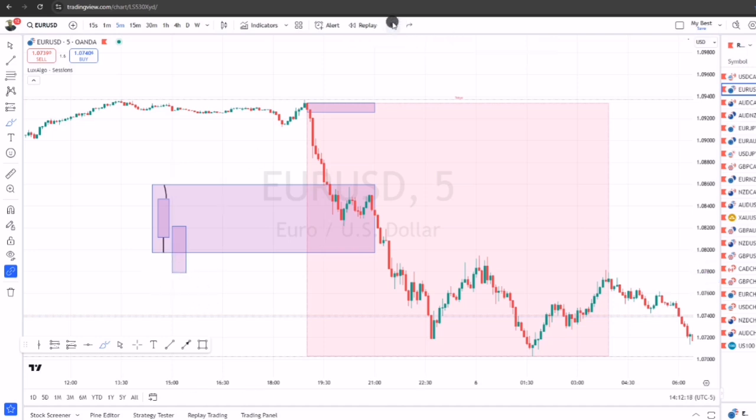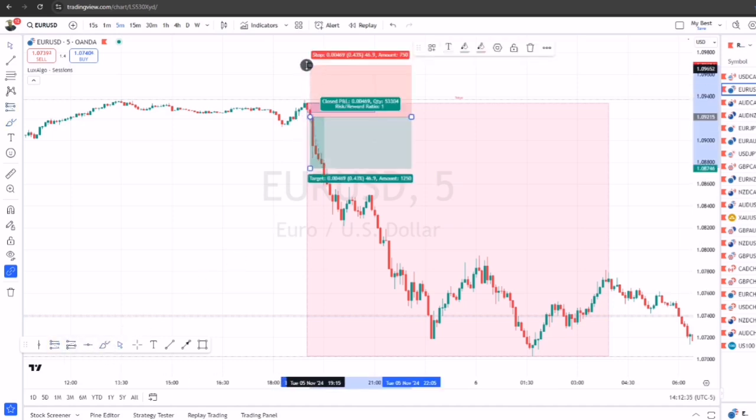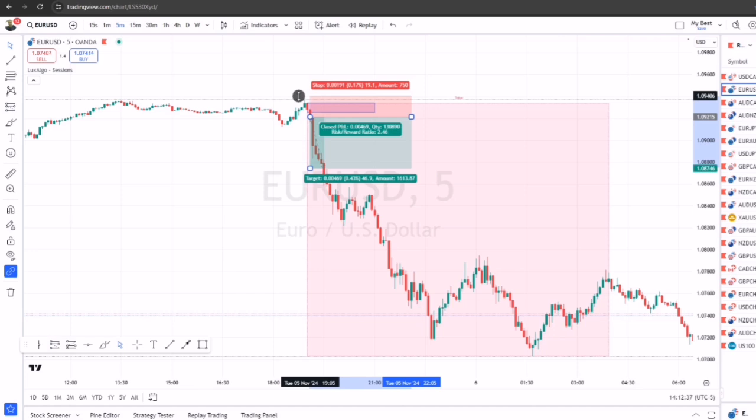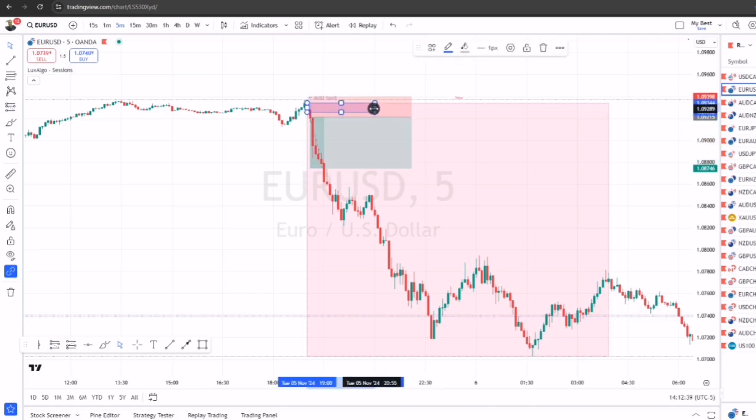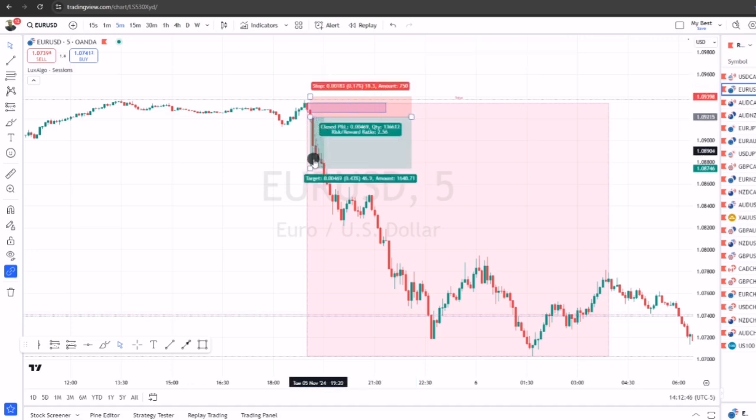Let's take a few examples so that you can see what I'm talking about. So right here clearly you can see price closed below, so you place your sell trade. You place your sell trade, put your stop loss just above the key level that you have drawn. This is what I call the key level. So you put your stop loss slightly above that.